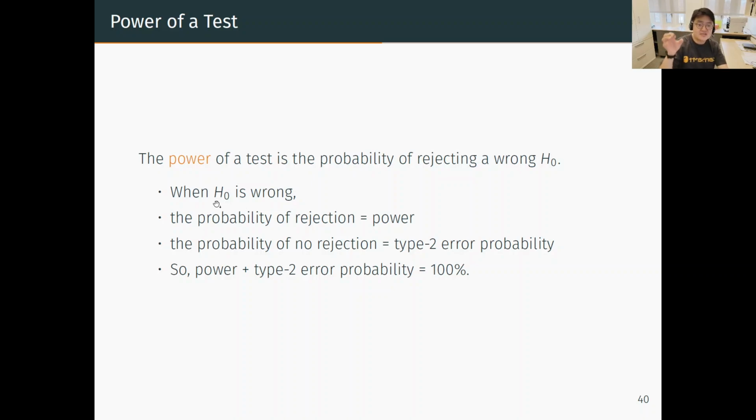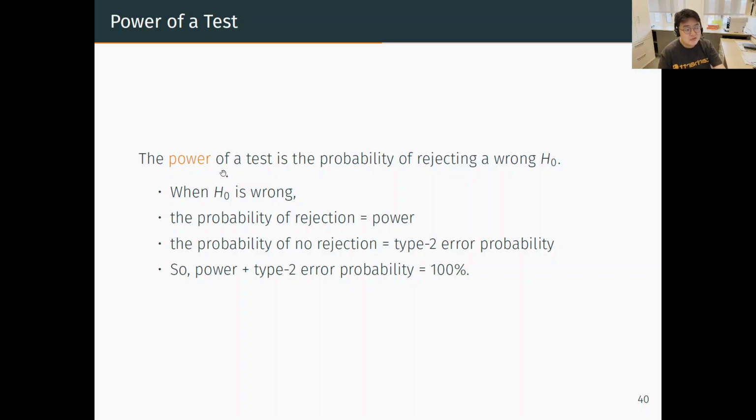When the null hypothesis is wrong, if you correctly reject it, that is power. If you fail to reject it, that is type 2 error, right? So power is just 100% minus the type 2 error probability. That is the definition, right? How well you detect a wrong null hypothesis. That's a simple, straightforward definition.